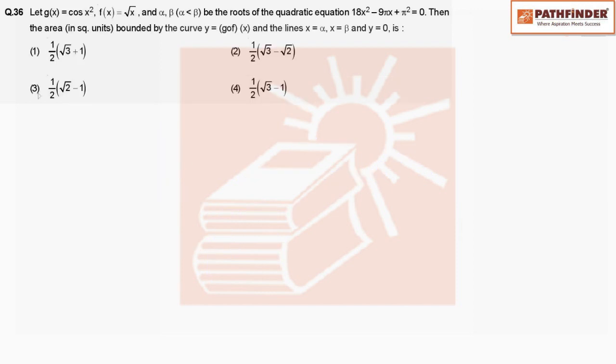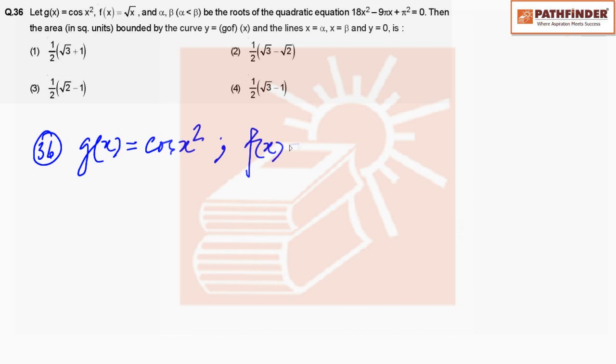Now question number 36. They are saying g(x) equal to cos of x square and f(x) equal to root over of x, and alpha beta are the roots, where alpha less than beta and alpha beta are the roots of 18x square minus 9 pi x plus pi square equal to 0.